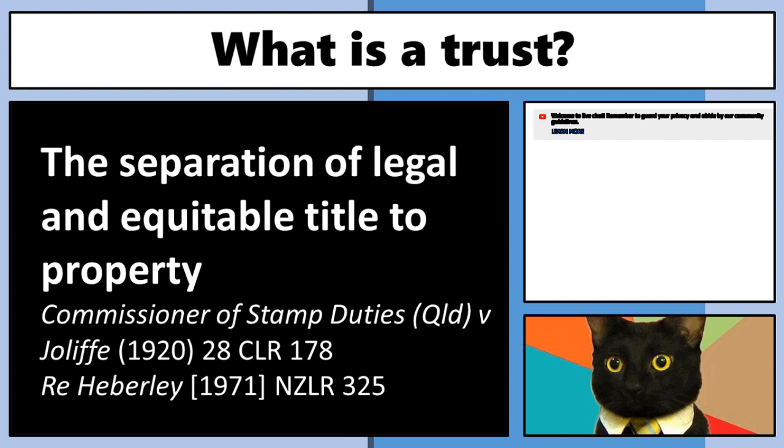We get these rights in nuisance and trespass to land to exclude others, but we are the ones who have to actually enforce that. It can be something of a burden. These are the bad bits. And so that's really what this is about, separating the good bits and the bad bits. And our legal system lets us do this in equity. It doesn't let you do it at common law.